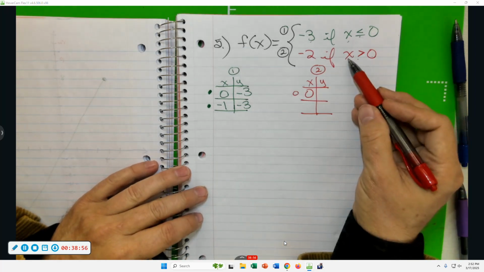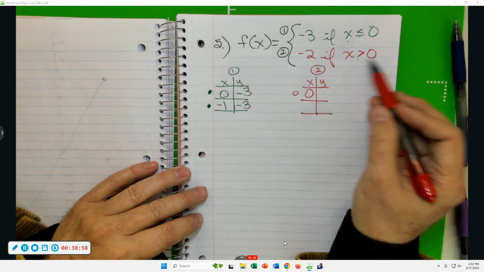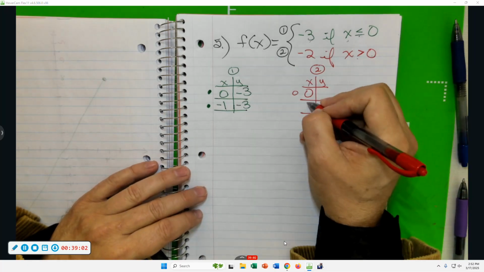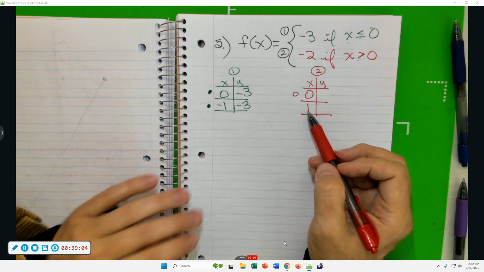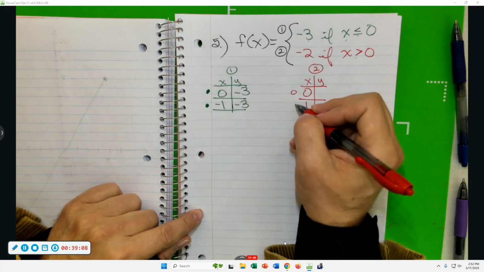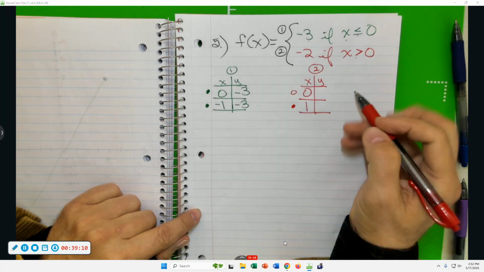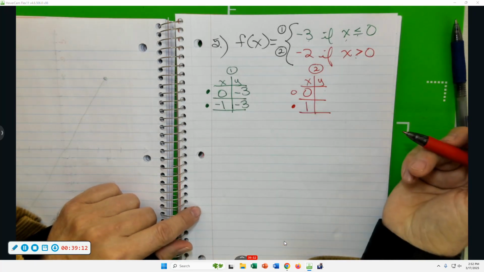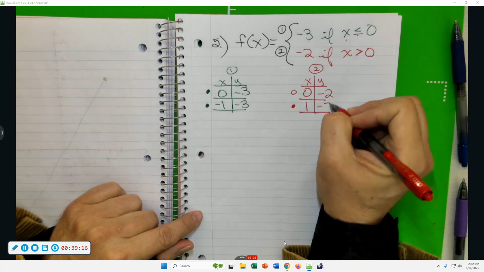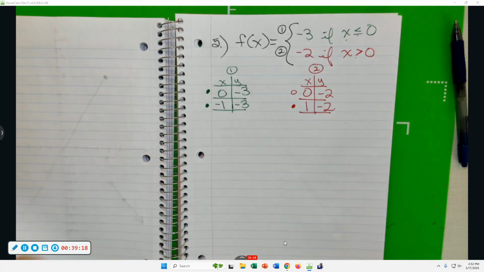We need an x value that does satisfy it. Give me a number that's bigger than 0. 1. What did I say? How do you label the secondary points that you choose yourself? Always closed. What will the y values be in this case? -2. So we draw our xy grid.